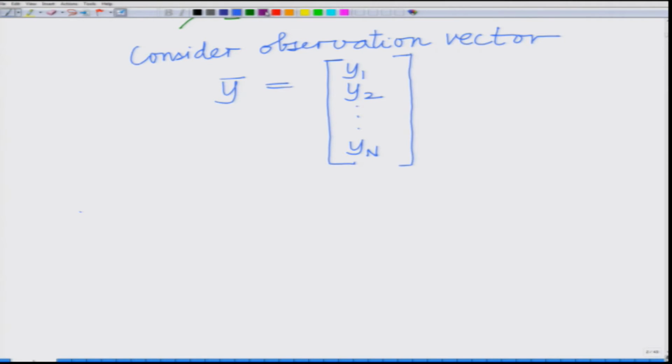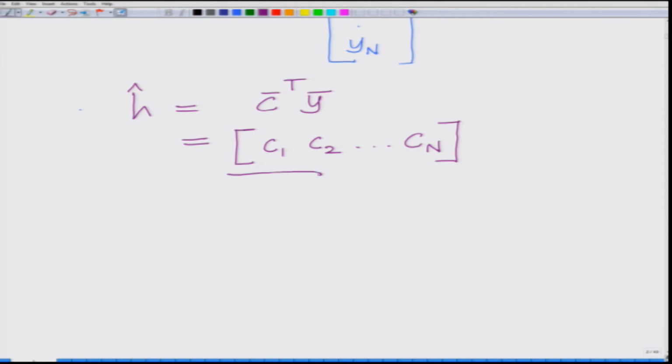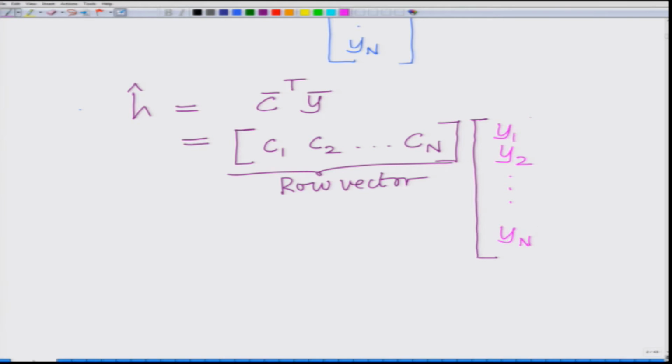However, now we will form the estimate h hat by linearly combining these observations as C bar transpose y bar, which is C1, C2, up to Cn, a row vector, times y1, y2, up to yn, which is a column vector.